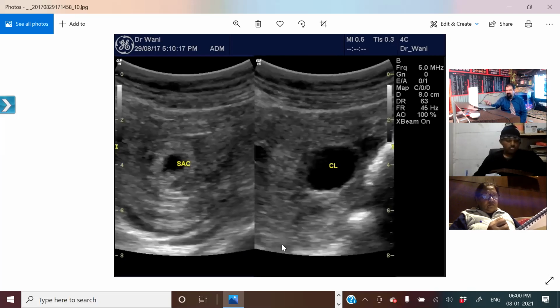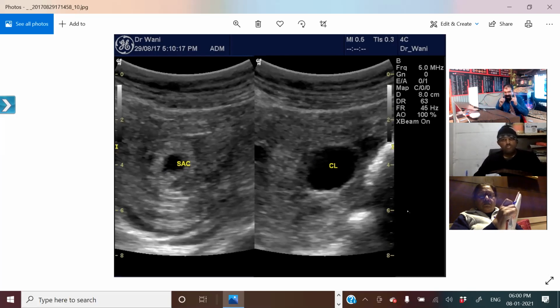So this is the gestational sac, and this is the CRL. For freshers, how to take the mean sac diameter: assume that this is the gestational sac, and this is the gestational sac on the second side of the monitor, on the right and the left. Take from this point to this point, and from this point to this point, and then from here to here.